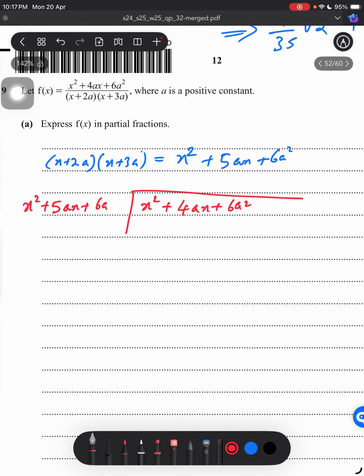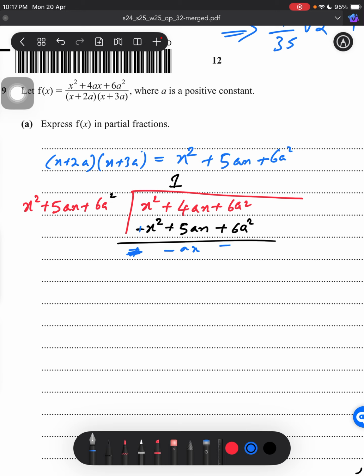So just divide it by 18a plus, that would be the most convenient part. 4ax plus 6a squared. So you will just get positive, negative. So negative ax cancels everything.